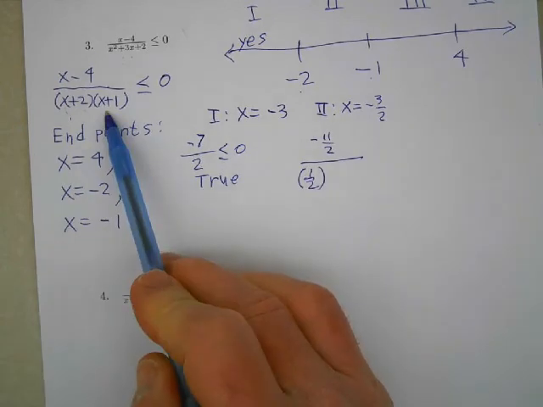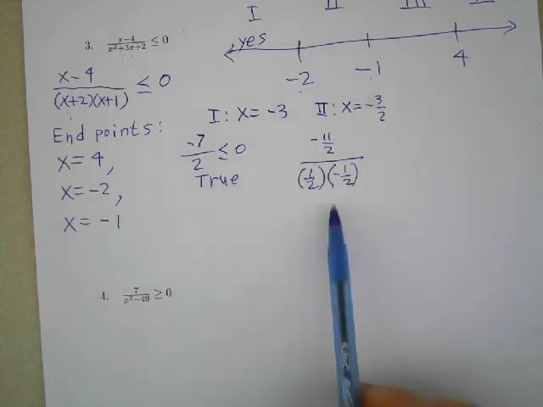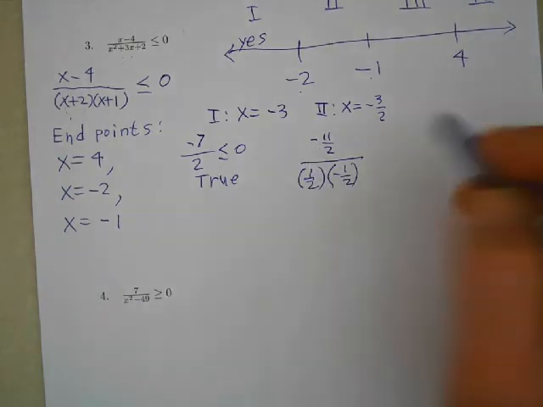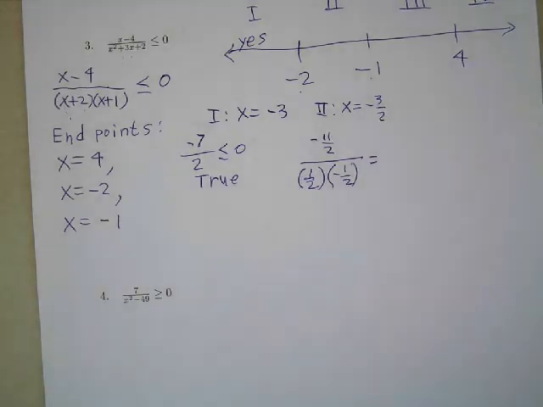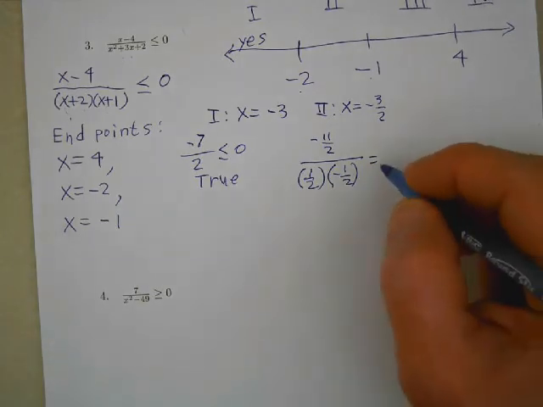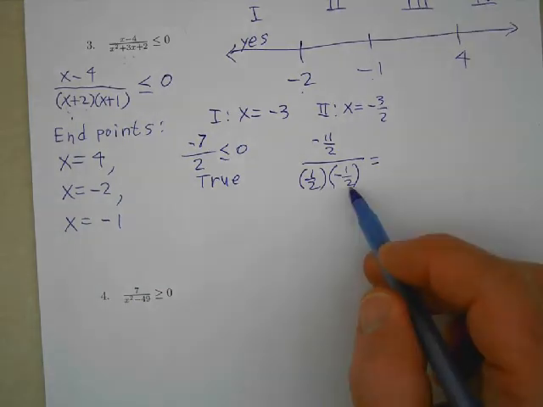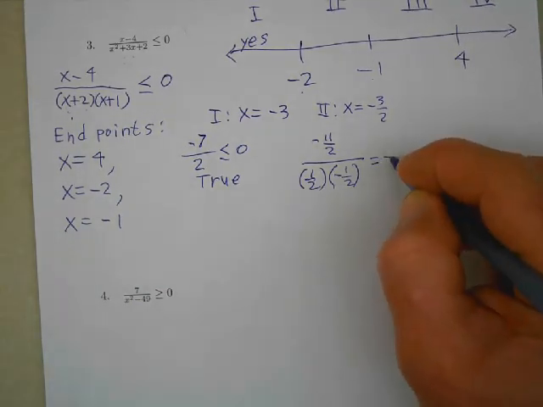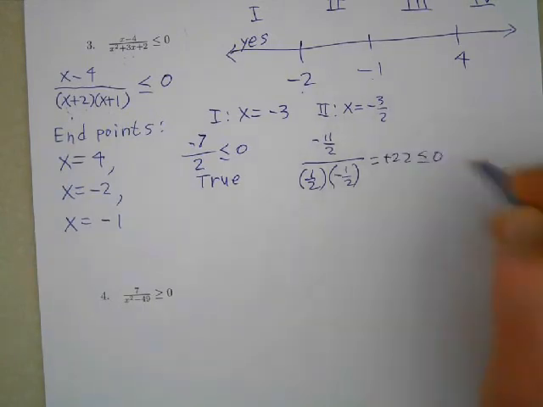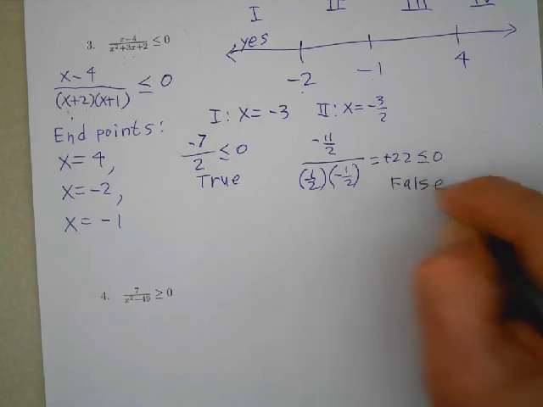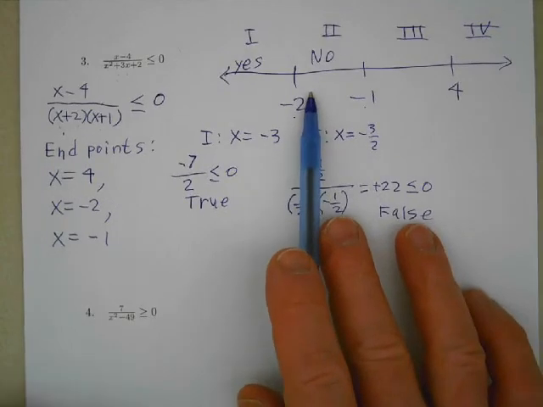And in the other factor, -3/2 plus 1, that's -1/2. I'm sorry, I should not have said negative. It's positive because two negatives give us a positive number. So we just get positive 22, and then the inequality less than or equal to 0 is false. So none of the numbers in that second interval are solutions.